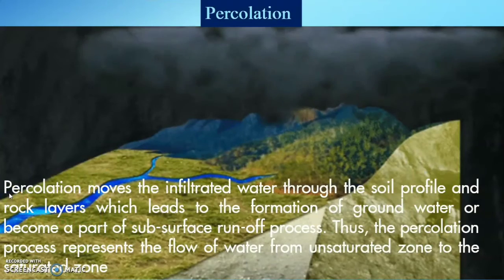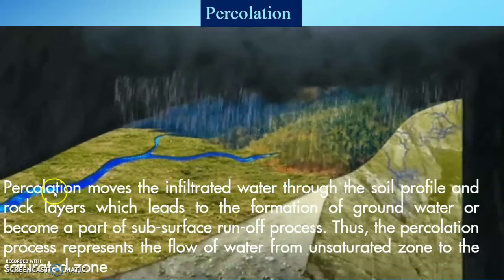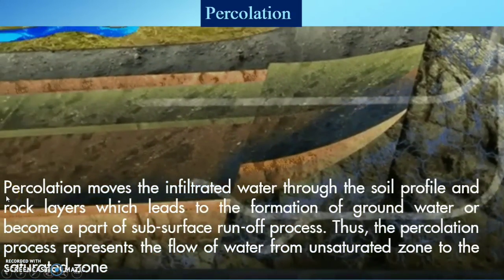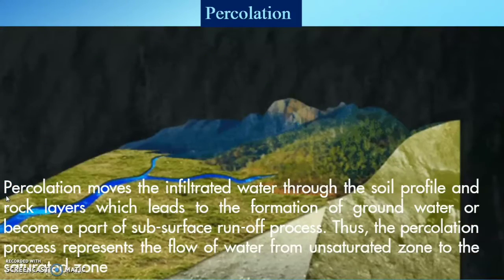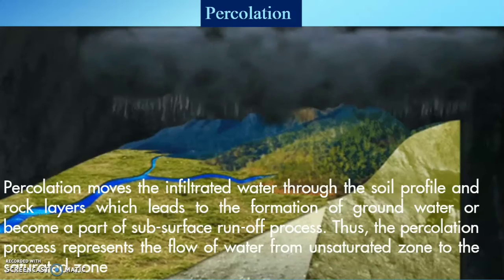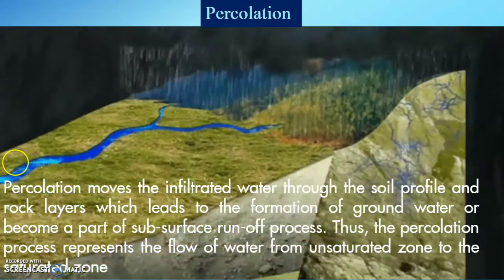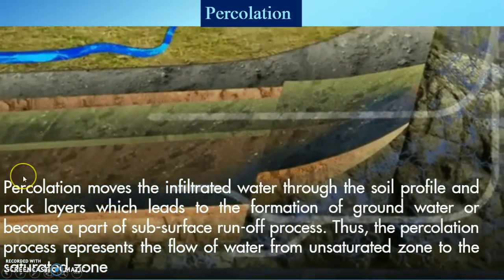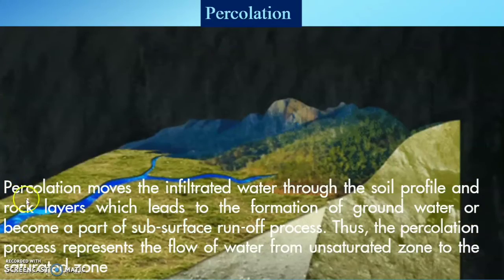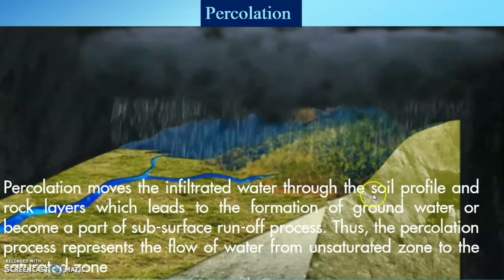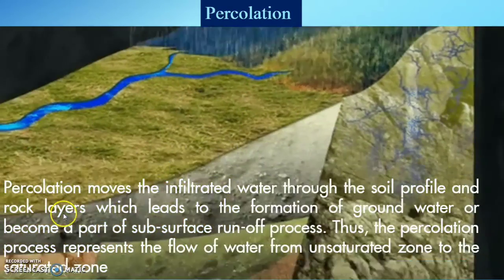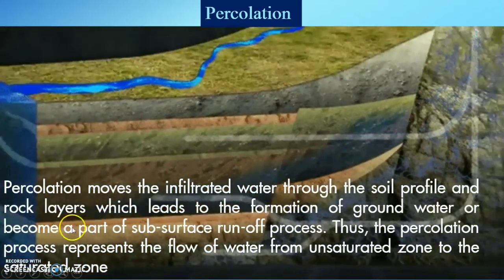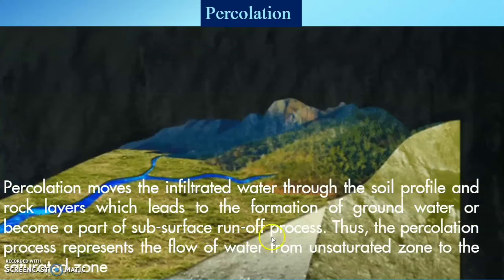Children, while studying about infiltration and percolation, you must understand the difference between the two terms. Children, infiltration occurs near the surface of the soil and delivers water from the surface into the soil and plant root zones, whereas percolation moves the infiltrated water through the soil profile and rock layers, which leads to the formation of groundwater or becomes a part of the subsurface runoff process.